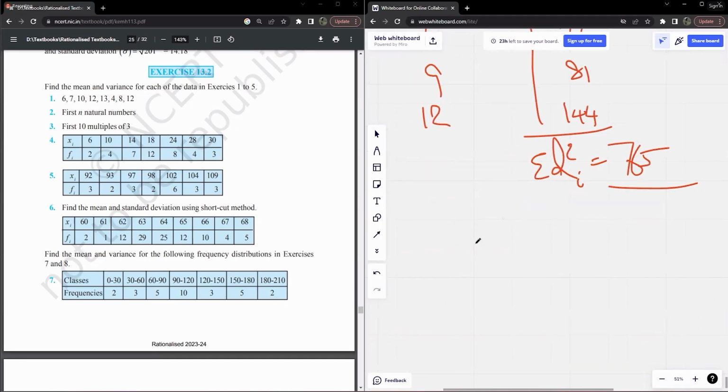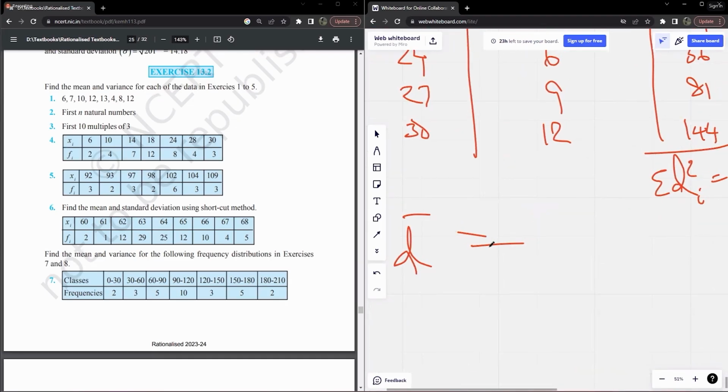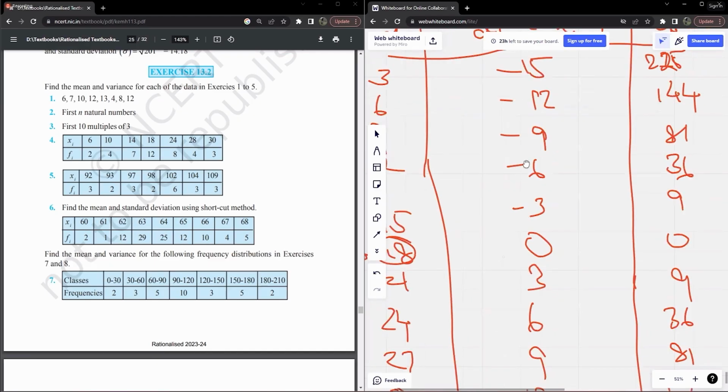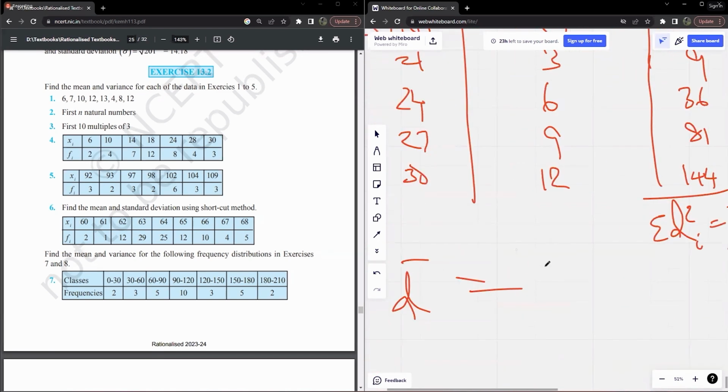Right. Therefore, d bar, which is sigma di by n, is going to give me, all these are going to get cancelled, and minus 15 is the only thing that's carried over, which is minus 15 divided by 10, which is minus 1.5.